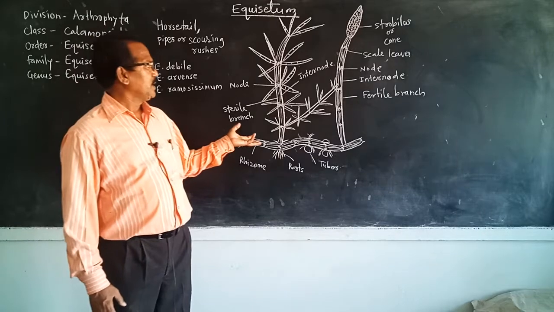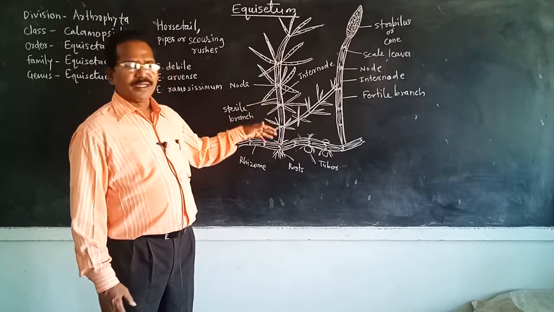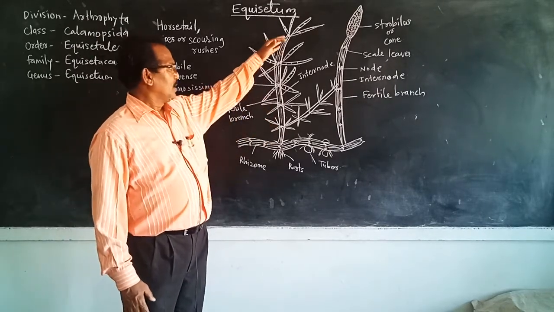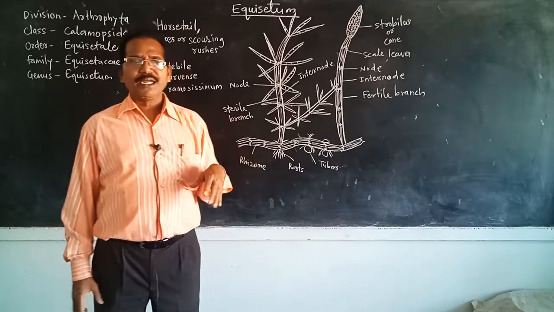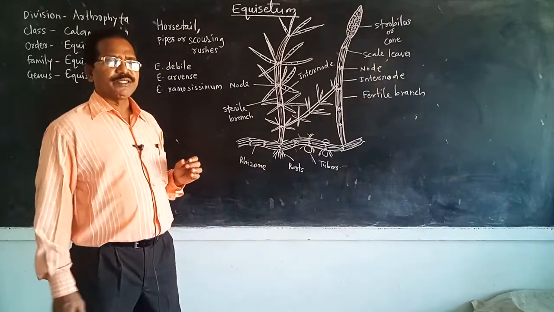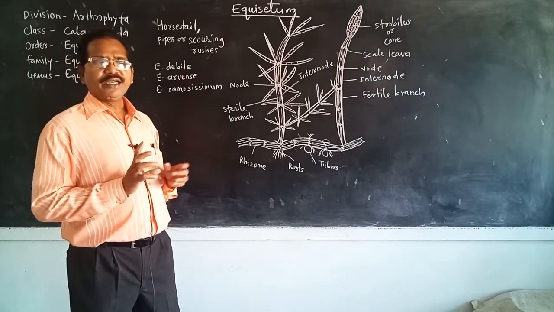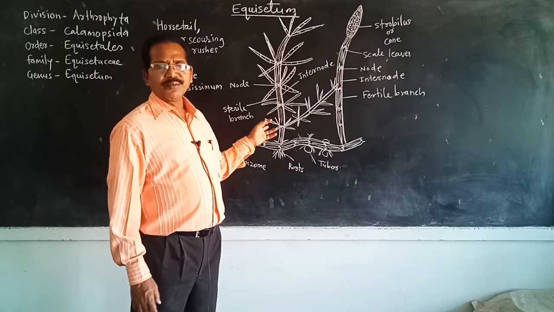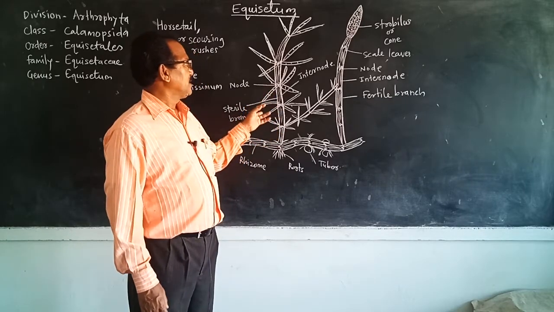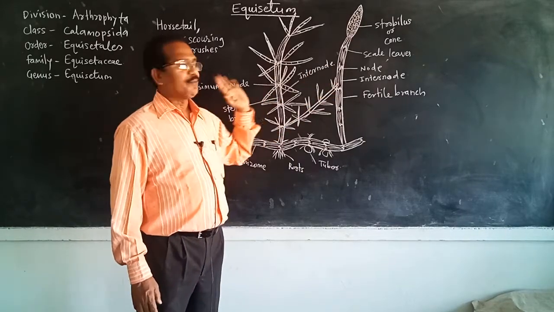The aerial shoot also has nodes and internodes. Both the rhizome and aerial branches are ribbed structures, having ridges and furrows, and from the nodal region arise a number of limited growth branches as well as unlimited branches.